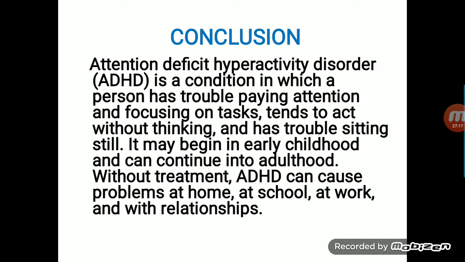So remember that the child who is suffering from ADHD will have inattention, hyperactivity and impulsivity, and all these symptoms can start in early childhood and may continue till adulthood without treatment. So initial screening and treatment is very much necessary, and ADHD can cause problems at home, at school, at work, and with the relationships that the child has.